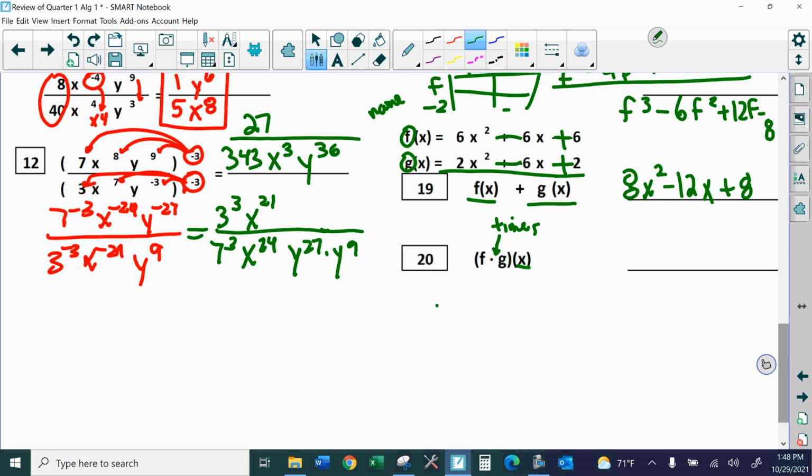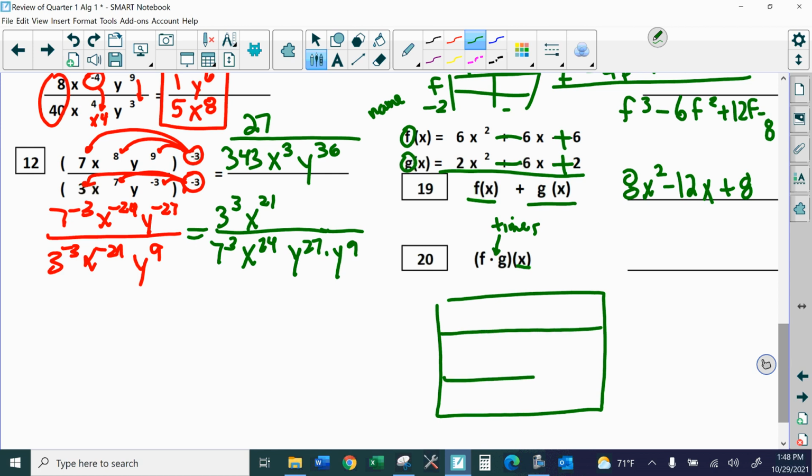So again, if you want to do the box method, 3 rows and 3 columns, because I've got two trinomials. First one, 6x squared minus 6x plus 6. Then 2x squared minus 6x plus 2.